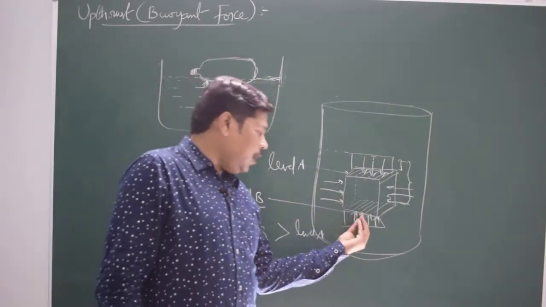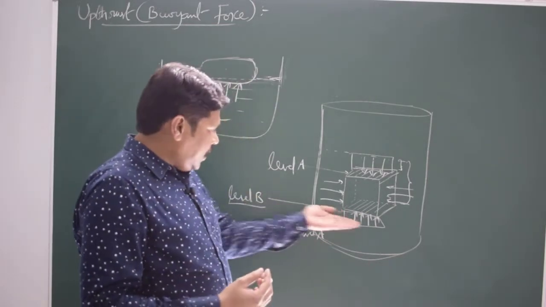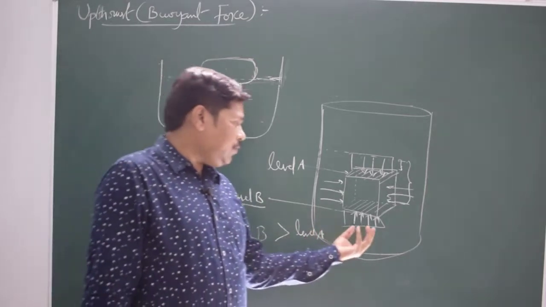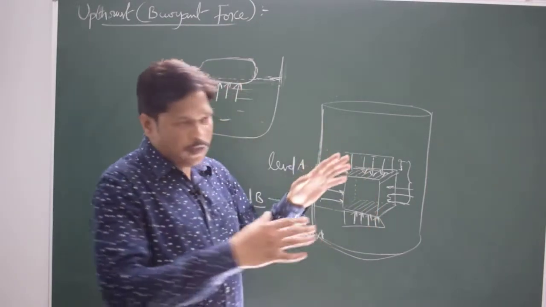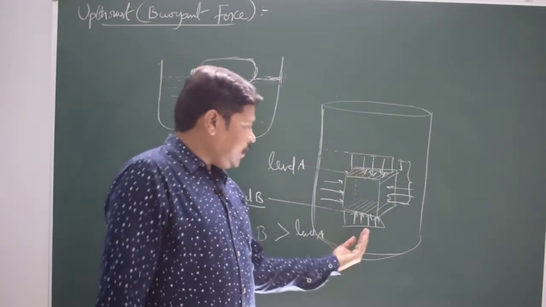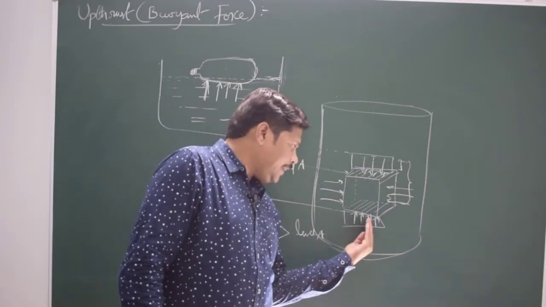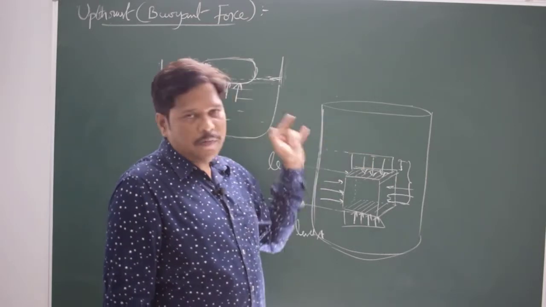At level B, the bottom surface, pressure will be experienced from the downward direction. From the concept of difference in pressures, we can understand that the pressure at greater depths is greater than the pressure near the surface.